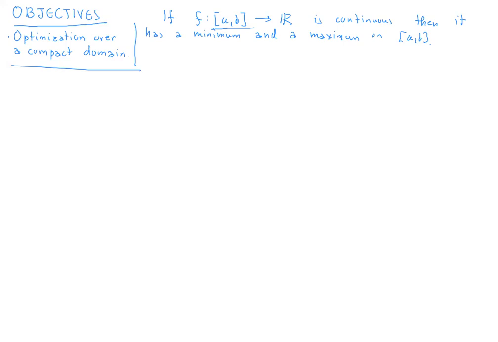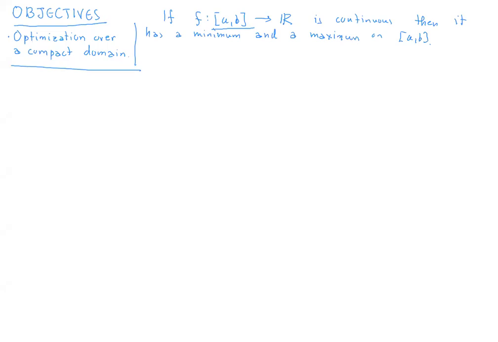And those properties are that it's bounded, so it doesn't extend too far, and that it contains its own endpoint.